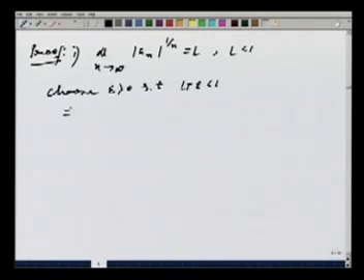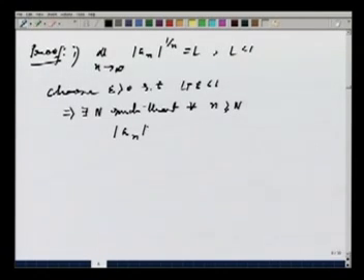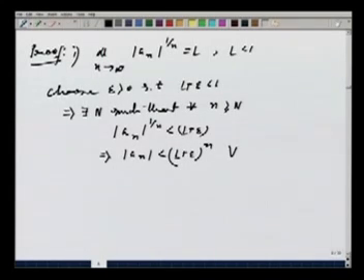This would then imply that there exists some capital N such that for all n bigger than or equal to capital N, modulus of a_n to the power 1 by n is less than L plus epsilon. But this would imply that modulus of a_n is less than (L plus epsilon) whole to the power n for all n bigger than or equal to capital N.